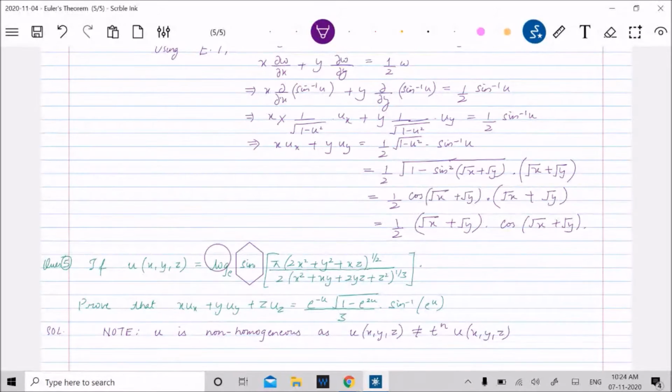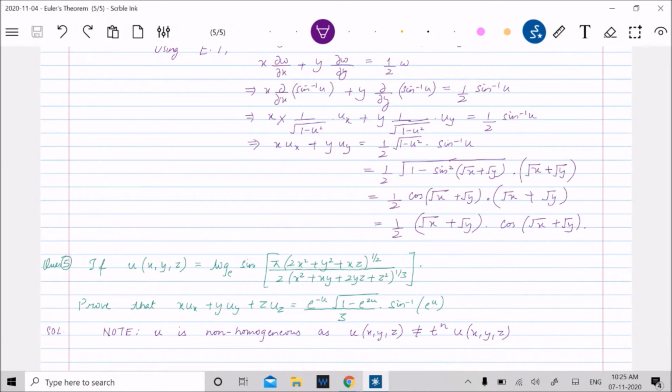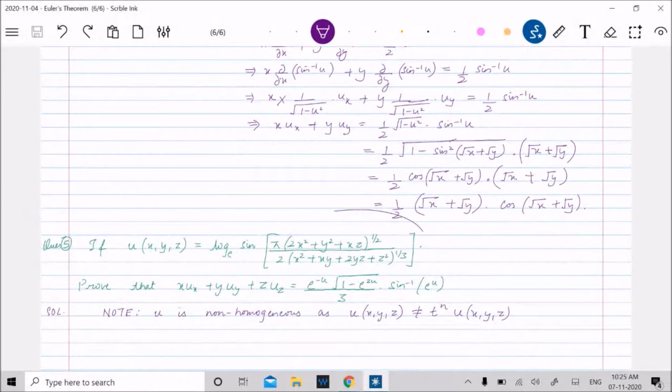These are called transcendental functions, right? Okay. Generally, they behave like this. They always restrict t to the power n to get outside of the bracket, right? Okay. But the good thing is that the most inner function is homogeneous, right?